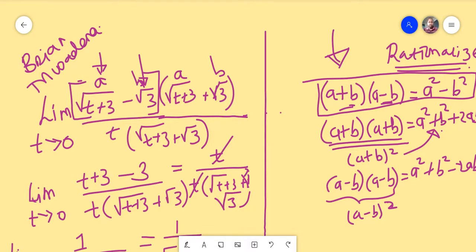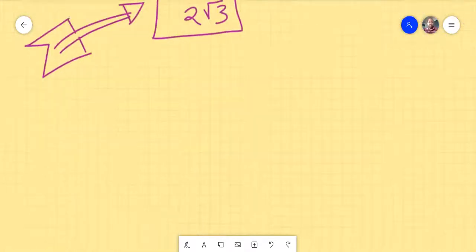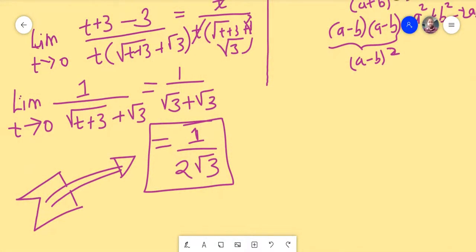So for the next video, I will introduce chain rule in a few minutes, and then we shall do this example and see if we get the same answer, which is 1 over 2 root 3, using L'Hopital's rule, sorry.